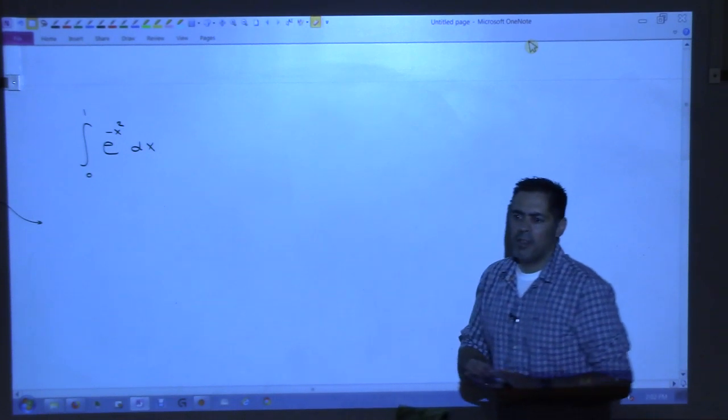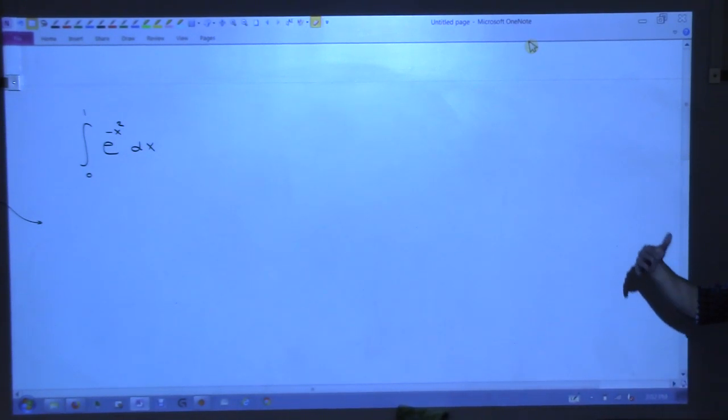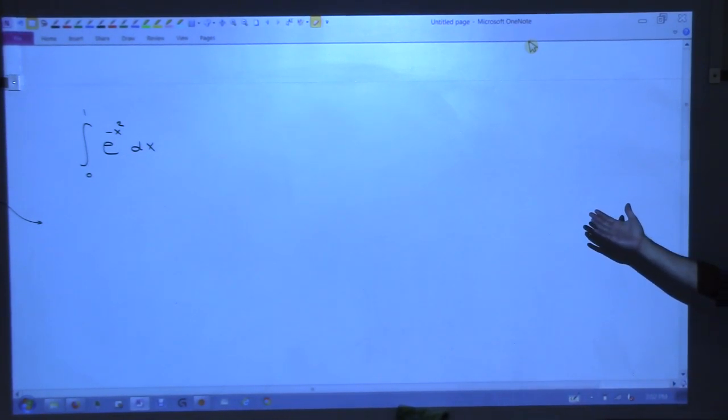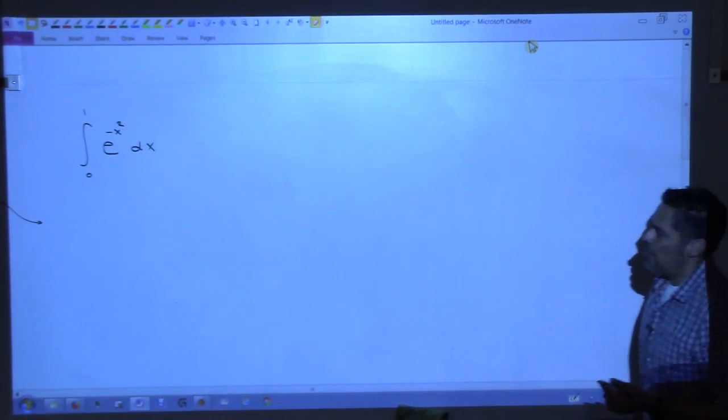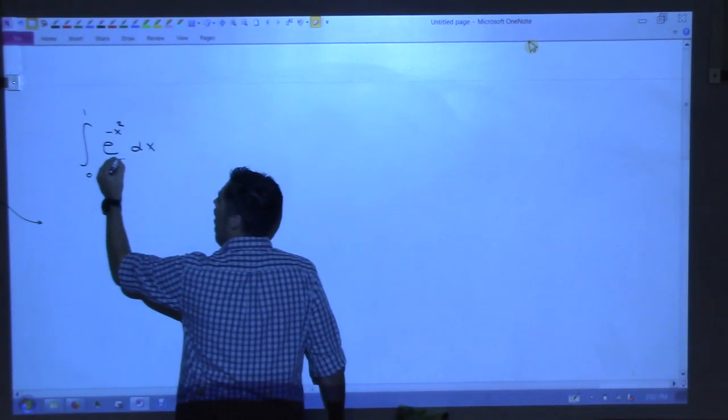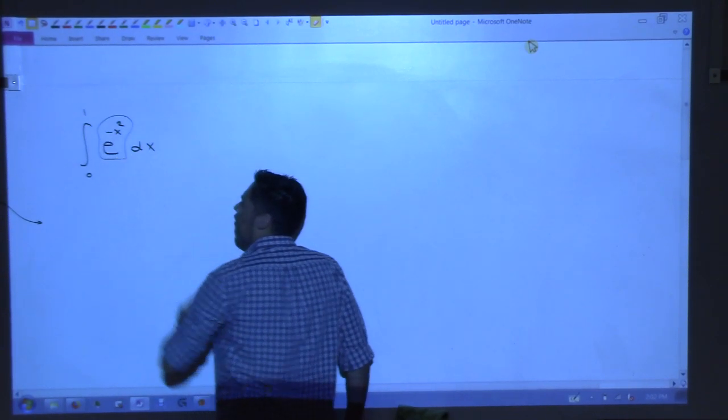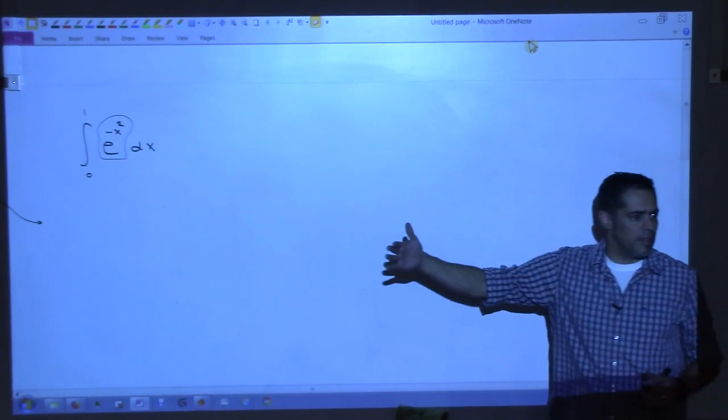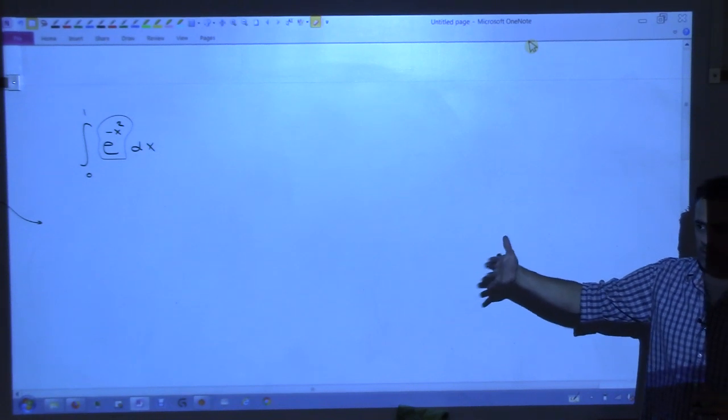So there is no easy way to integrate that. I think I convinced you with Wolfram Alpha that we're not going to be able to do it. But instead of writing e to the negative x squared, I'm going to use our Maclaurin series for e instead.